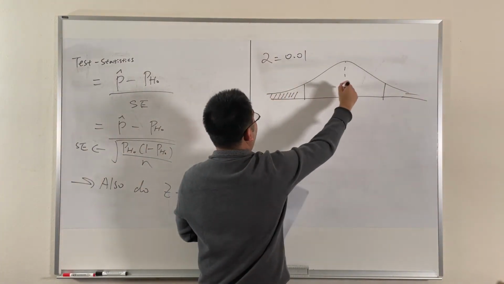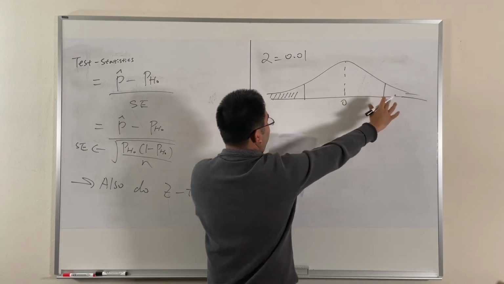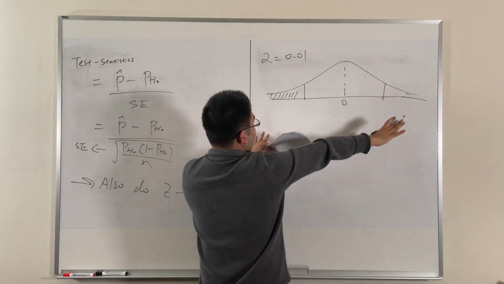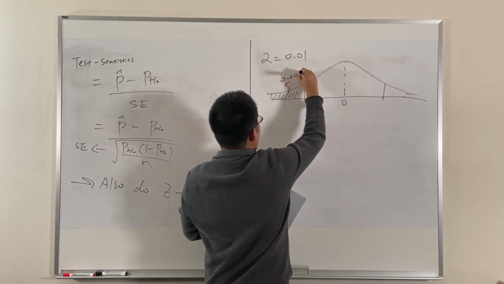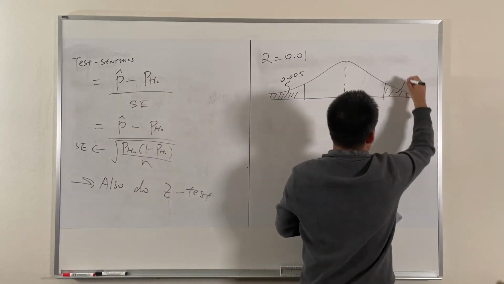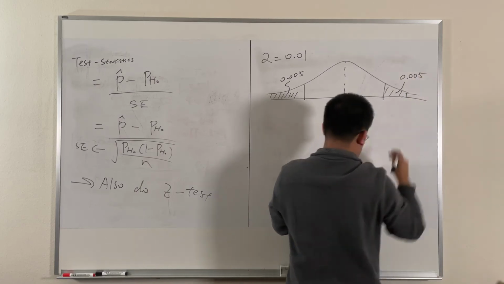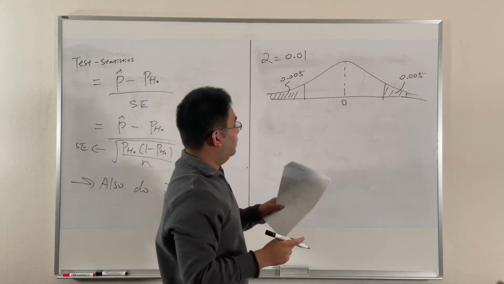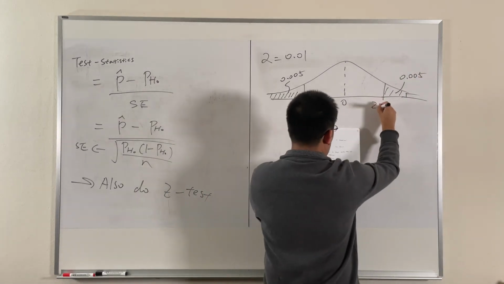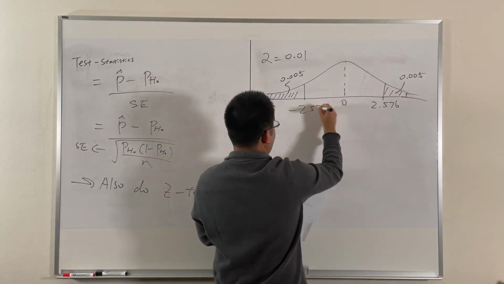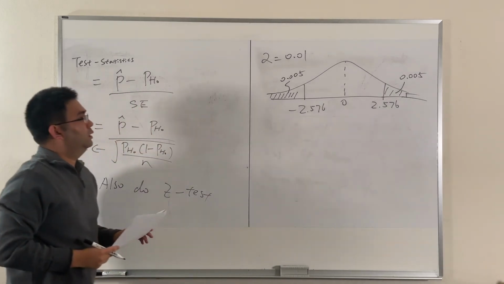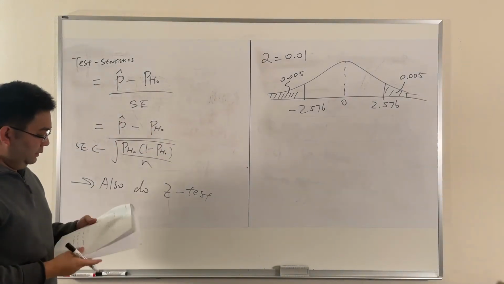The two tails add up to the significance level, so here we have 0.005 and here we have 0.005, and the critical values we are looking at are 2.576 and minus 2.576.